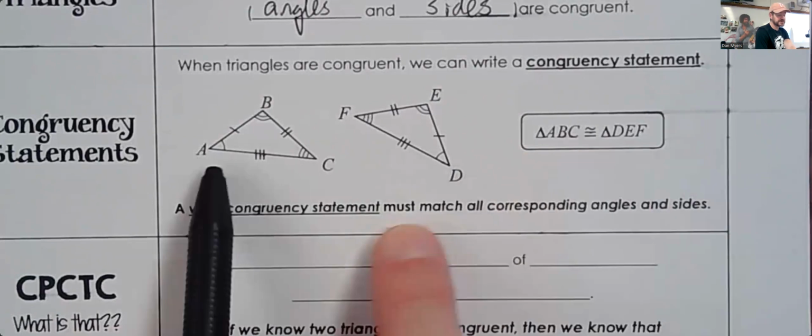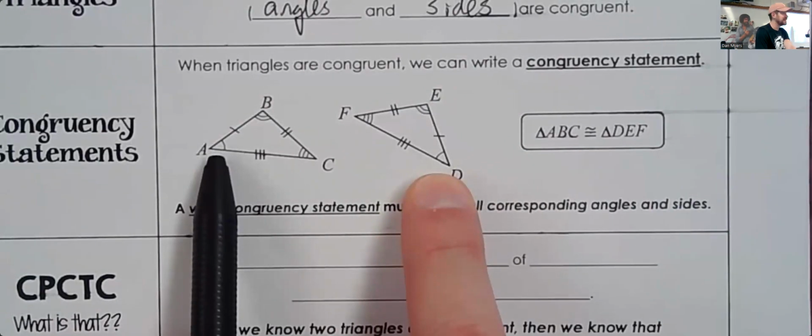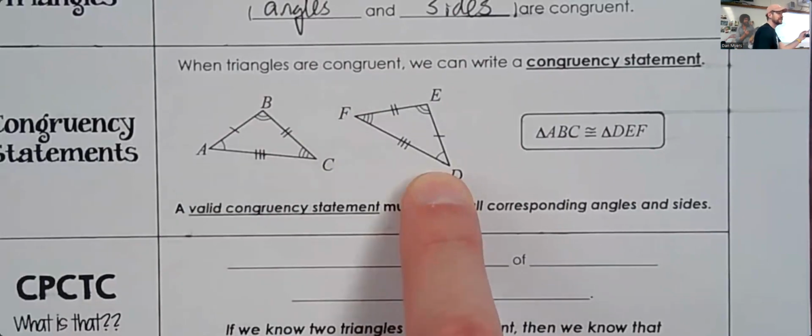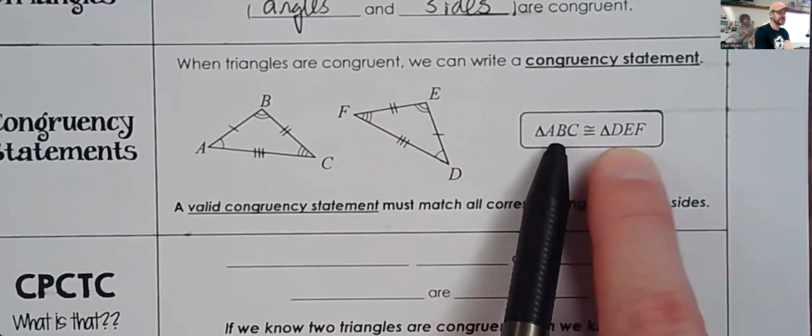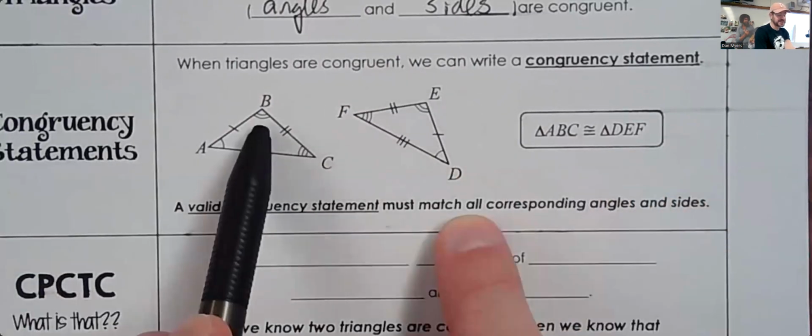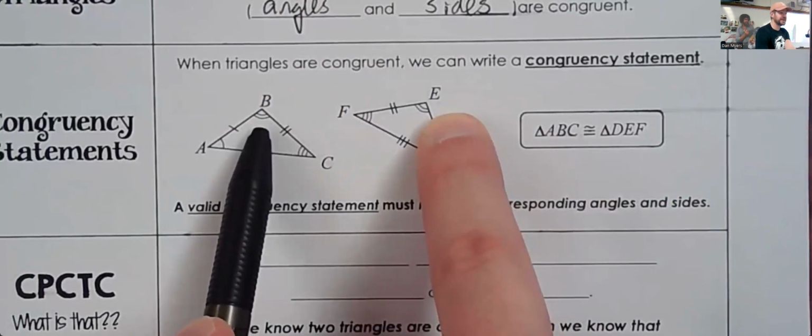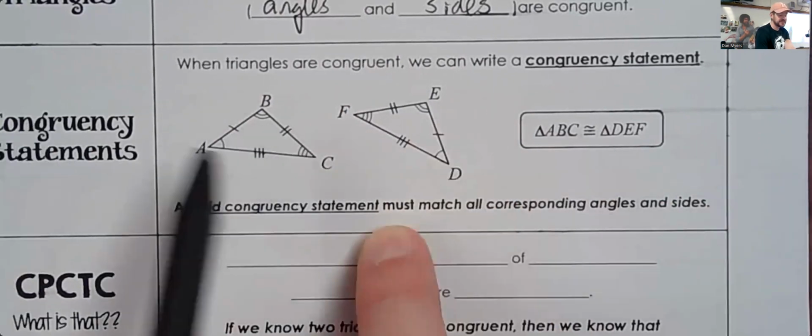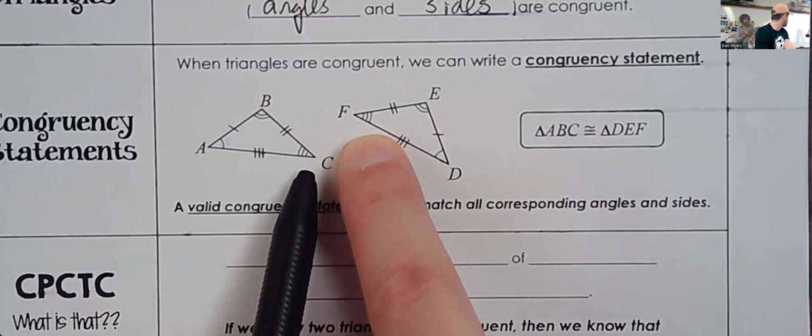They're different letters, but what do you notice about the marking on each angle? It's the same, yeah. So it is very important that the angles that are the same between the two match up with the order over here. So if you look at the diagram, B matches up with E because those have the double markings, and then C matches up with F because those have the triple markings.